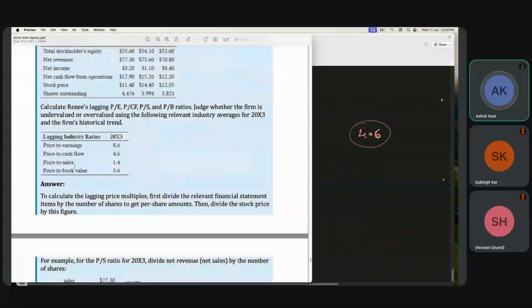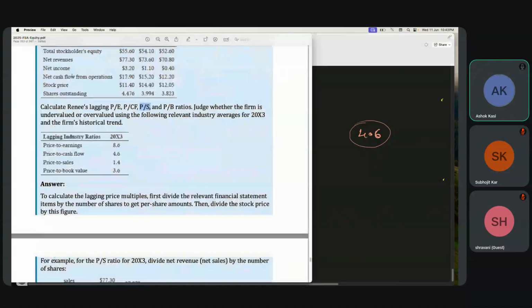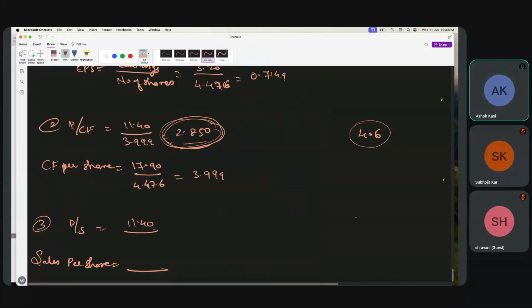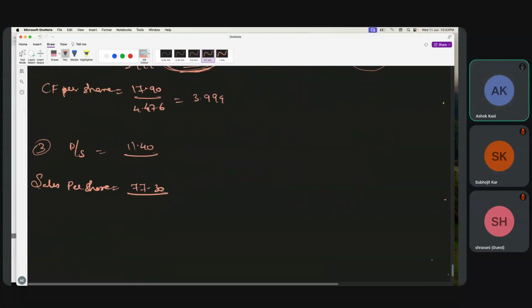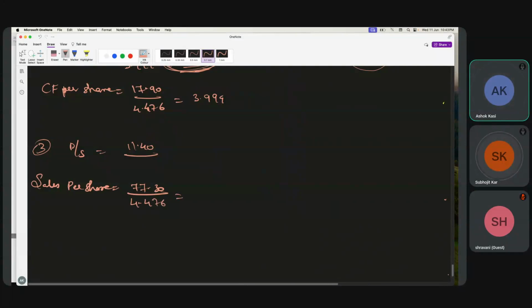Then the next one, price to sales. Price is 11.40. Sales per share: sales is 77.30 divided by the number of shares, 4.476. That gives 17.27. Now calculate 11.40 divided by 17.27: it's 0.660.